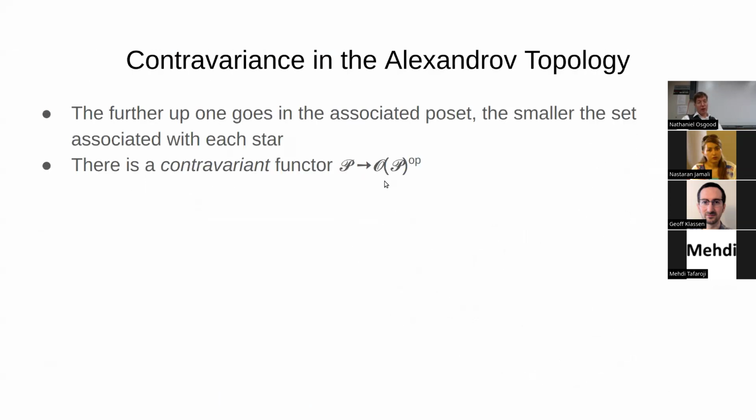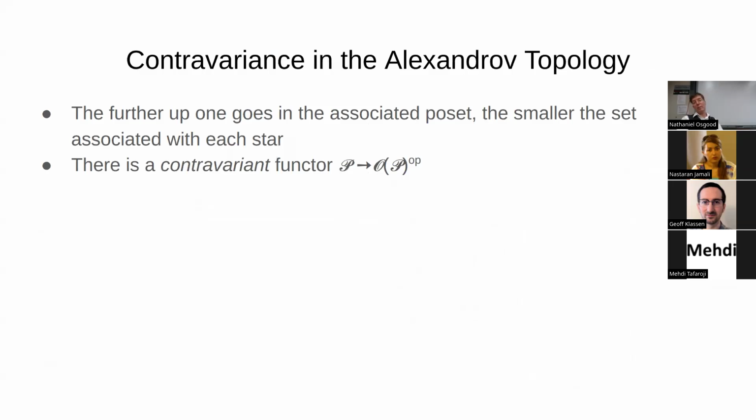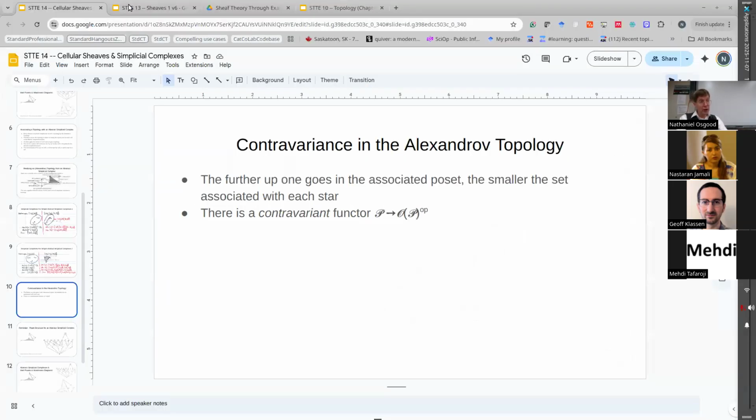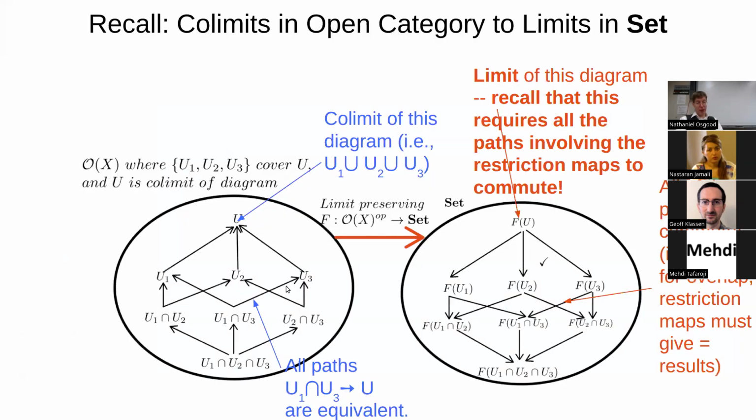Now, you may wonder, why am I talking about that? Why bother? Well, it turns out that this op is going to make a difference when it comes to defining sheaves. And particularly, you may remember that sheaves, when we dealt with them before in a topological space, looked like this.